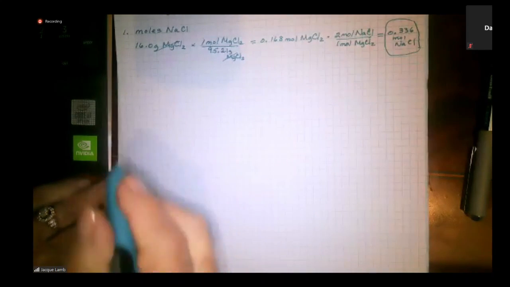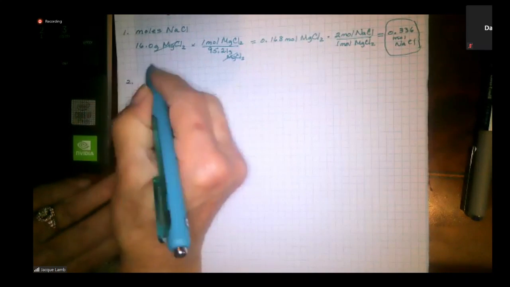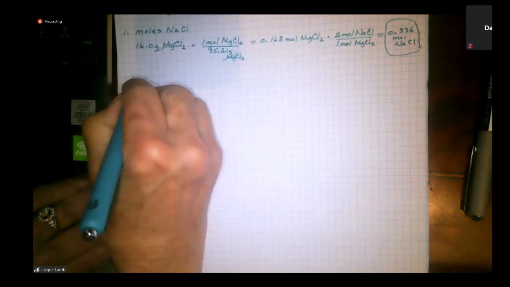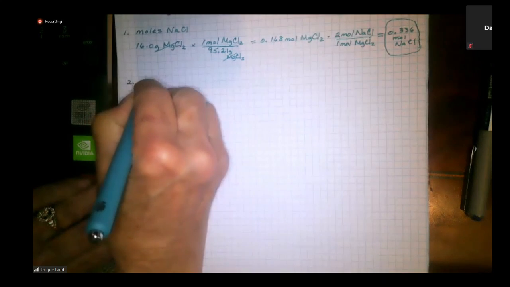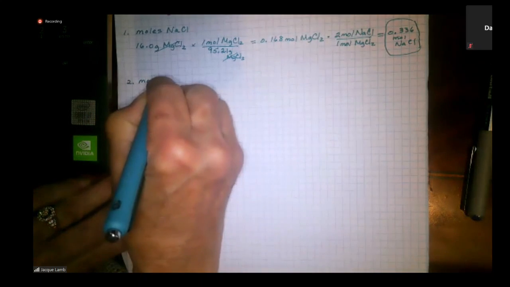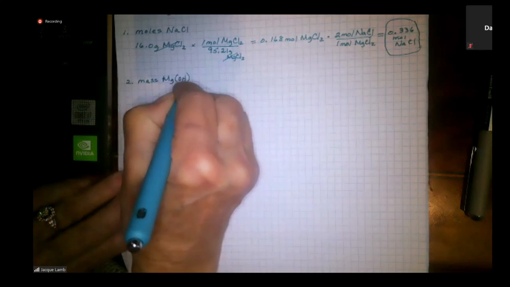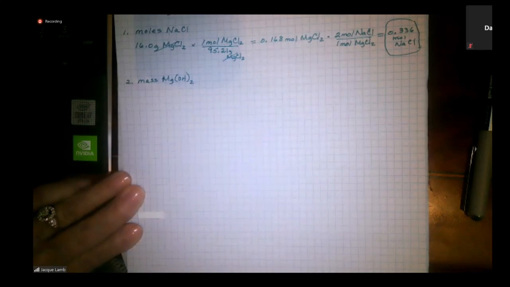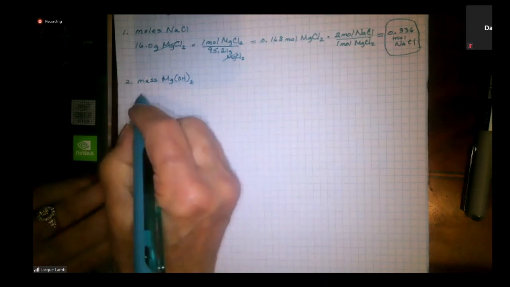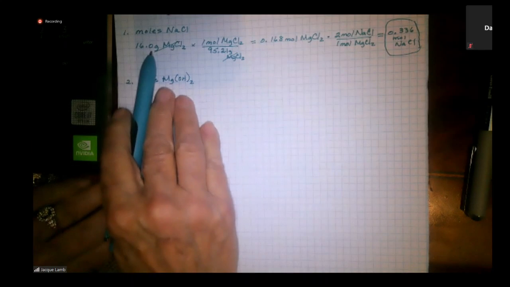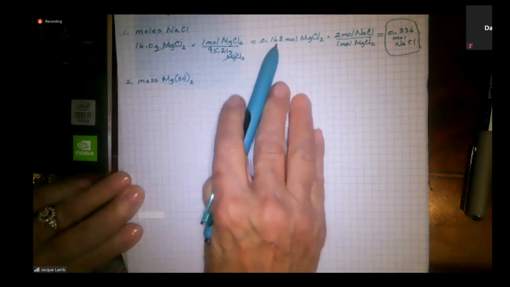So the second question I asked was, here I'm not asking for moles, I'm asking for the mass of magnesium hydroxide. Remember from your solubility rules that hydroxide salts are generally insoluble. This time I'm not going to start with the magnesium chloride. That's why I stopped here.